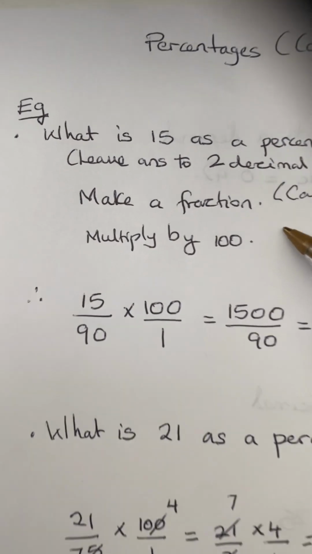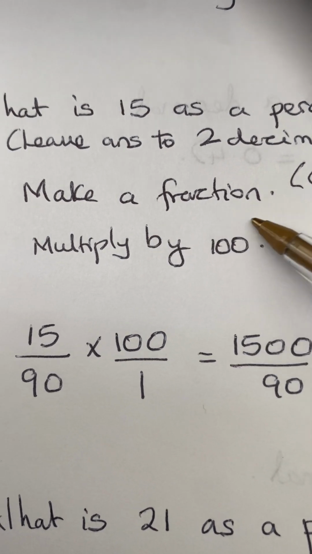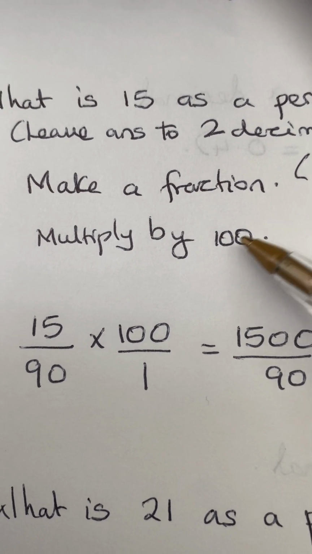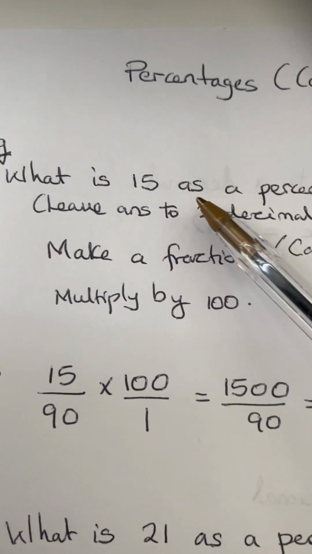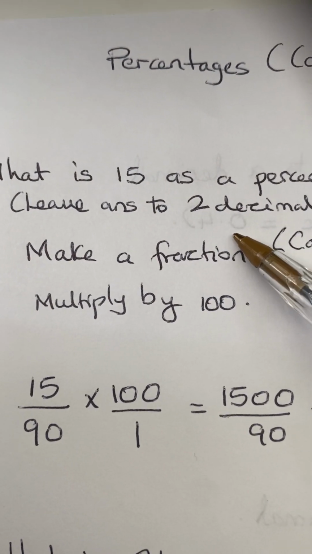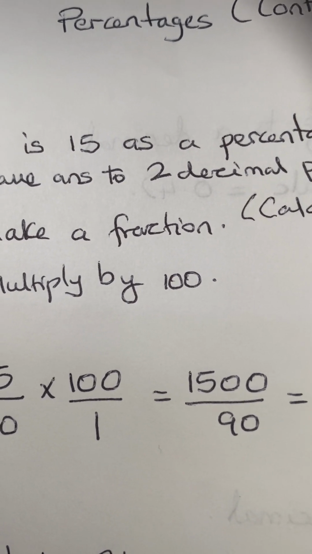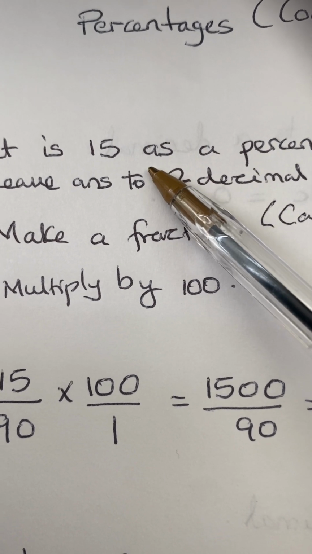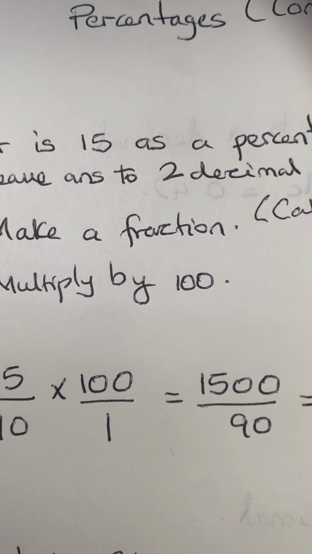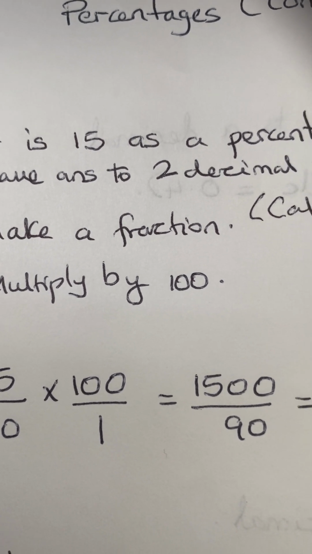Here what you are going to do is make the fraction first and multiply by 100, because they said what is 15 as a percentage of 90. So you are going to find 15 over 90 of 100.